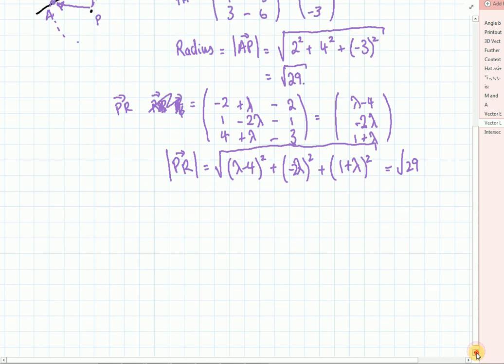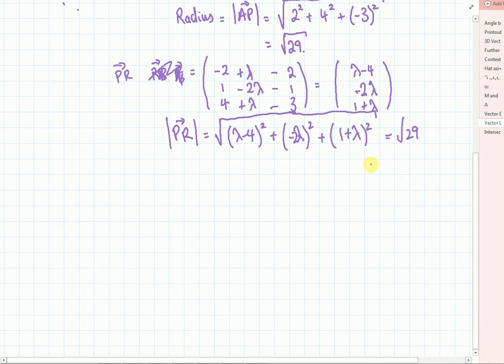So I'll start off squaring both sides to make this 29 and expand the brackets. Lambda squared minus 8 lambda plus 16, plus 4 lambda squared, plus 1 plus 2 lambda plus lambda squared.